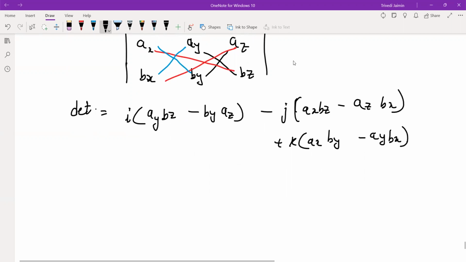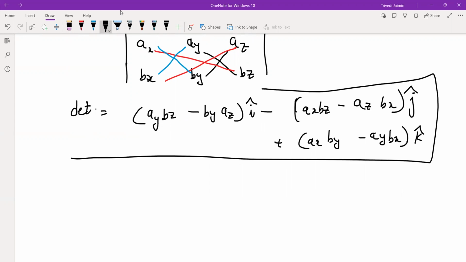So we got I, J, K. Actually, let's write I cap, J cap, K cap at the back. This is the cross product of A and B.